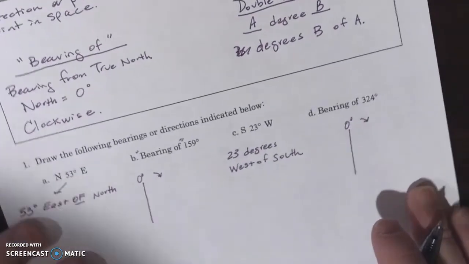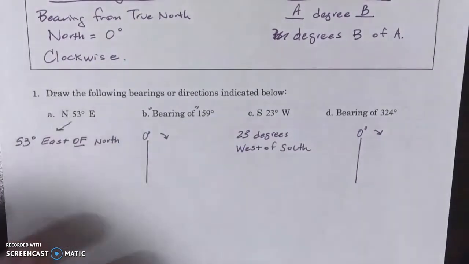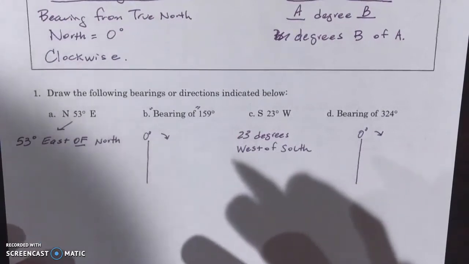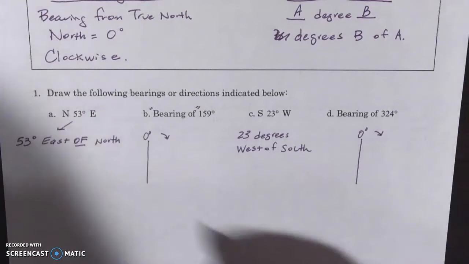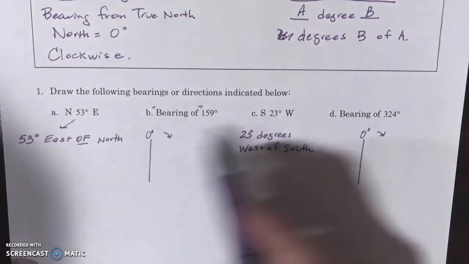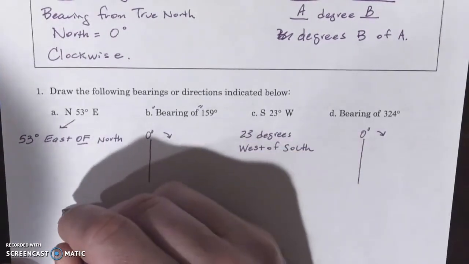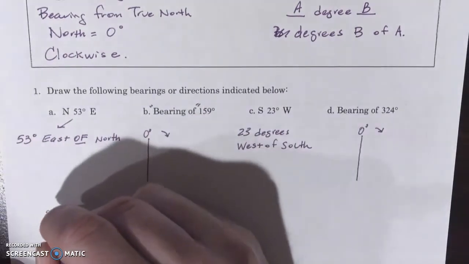So we have those two different notations for bearings, and we're going to draw these out here. We always need a starting spot, a beginning position. So 53 degrees east of north. Here we are, this is going to be our starting position.